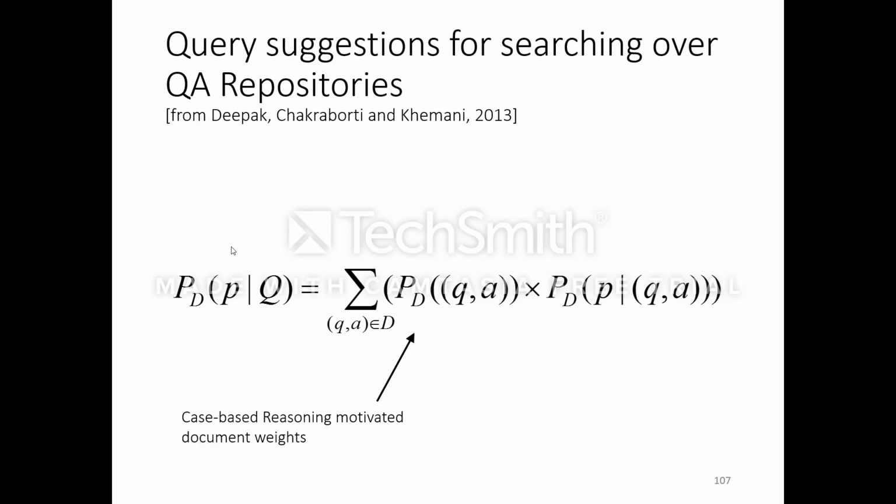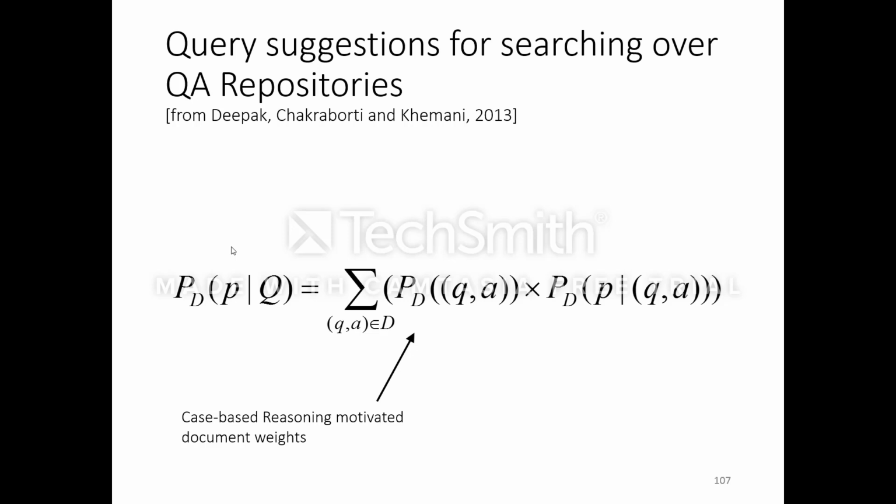As we saw in the first video, case-based reasoning can quantify the alignment in the vicinity of Q, in the vicinity of the question. So PD of QA would essentially tell you how well similar questions to Q have answers similar to Q's answer as well, which is basically something called case-based alignment.